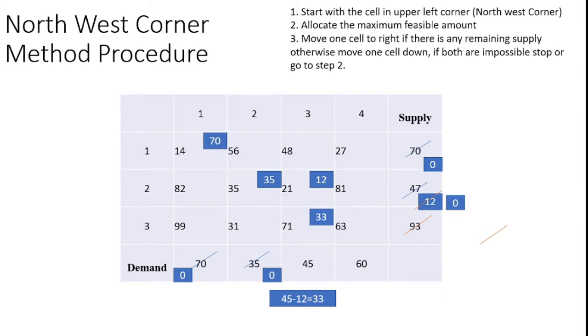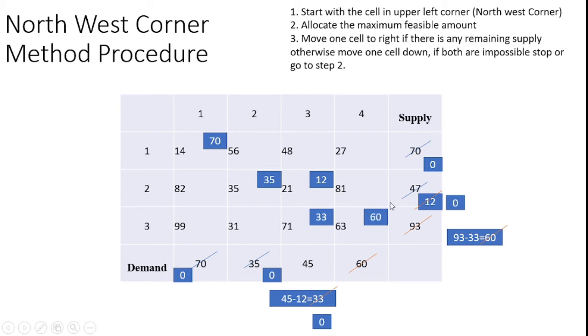So I introduce 33 in that column. Here the demand of 33 is satisfied, so I reach the 0 value for the respective column. The 45 demand also becomes 0. After that there is another demand of 60. Here you see 93 supply is available. I have already allotted 33 units to the third distribution center, so 93 minus 33 gives 60 pending supply for the fourth distribution center.